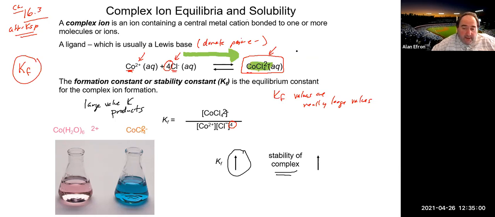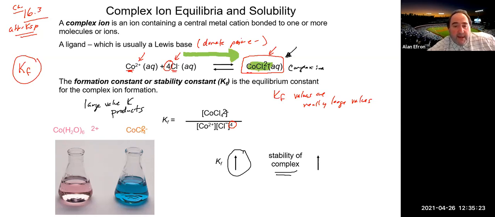And on the product side of our reaction is where our complex ion is. So as we see the Kf value increase, we see the wantingness to form a complex ion, moving the equilibrium to the right in the formation of the complex ion.